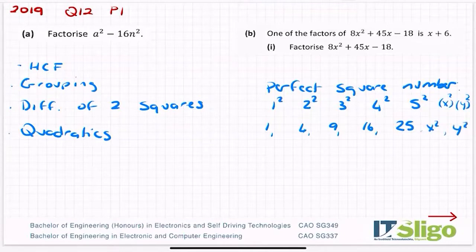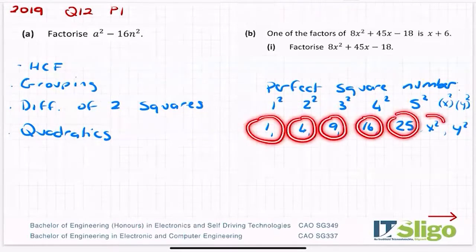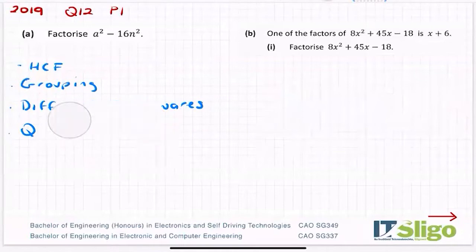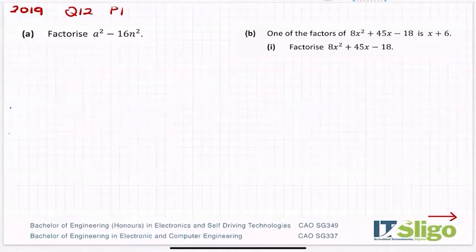In other words, for any of these numbers, I can get the square root of them and I get an integer. Okay, I don't get a decimal point, I get an integer. So that makes them perfect square numbers. And so if it's not any of these 3, then it's what we call taking out the highest common factor. Okay, so a difference of 2 squares.